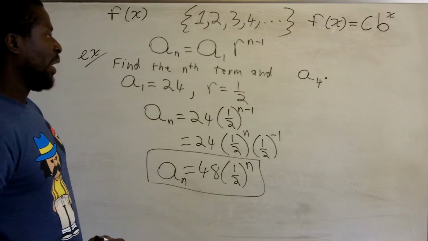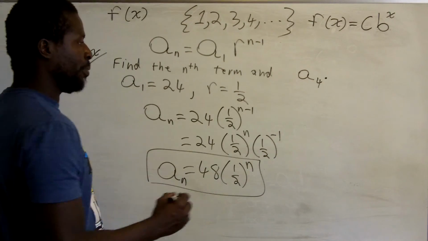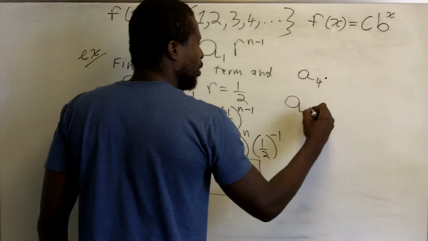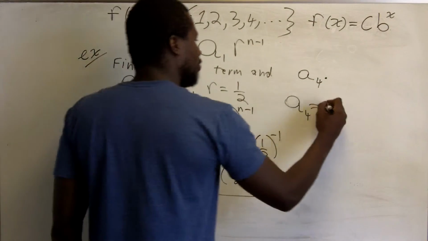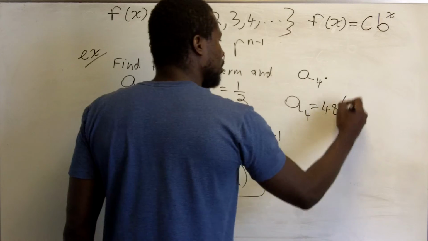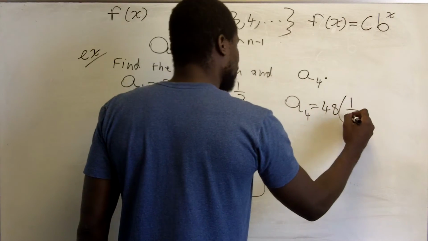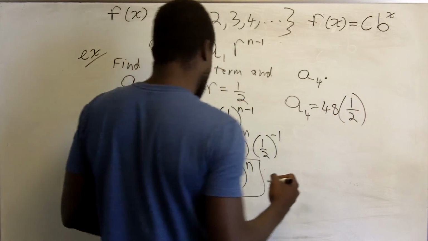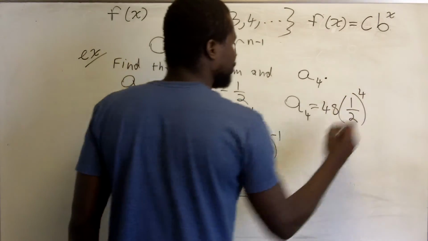All right? The next thing they want us to find is the fourth term. So a4, the fourth term, is going to equal 48 times 1 over 2 to the fourth power.